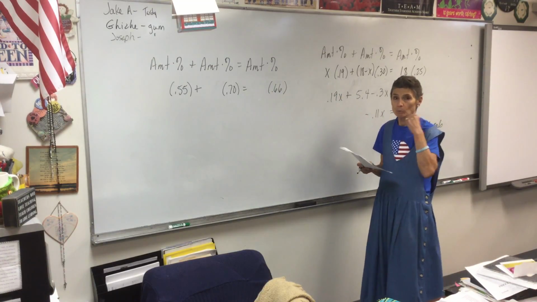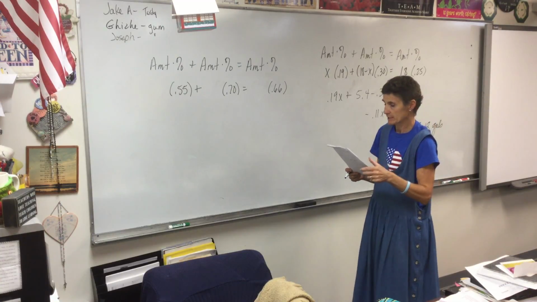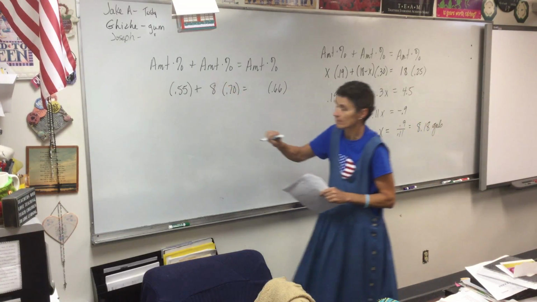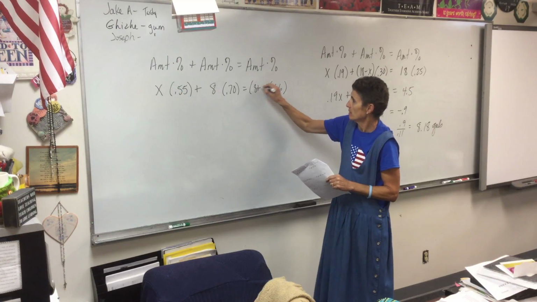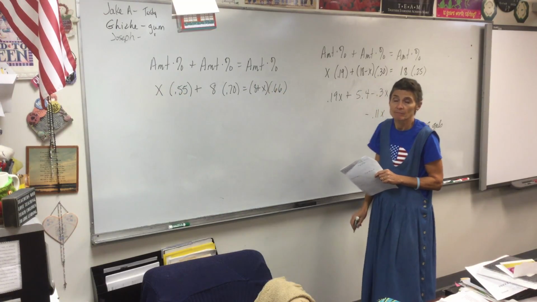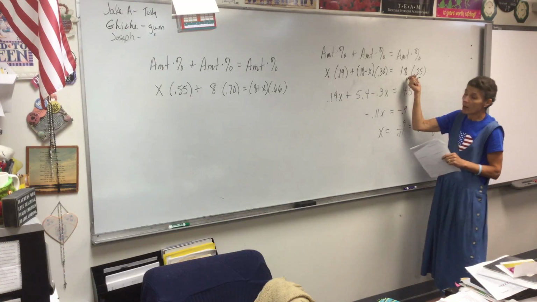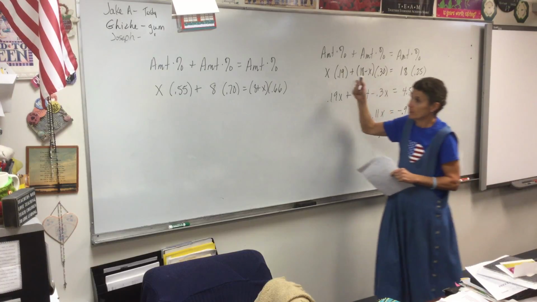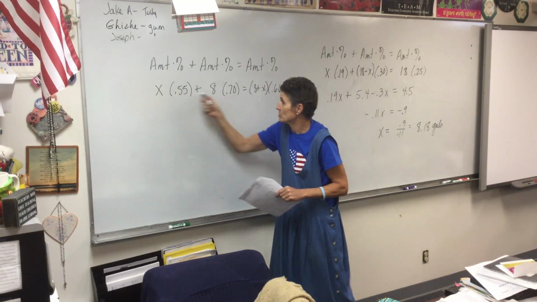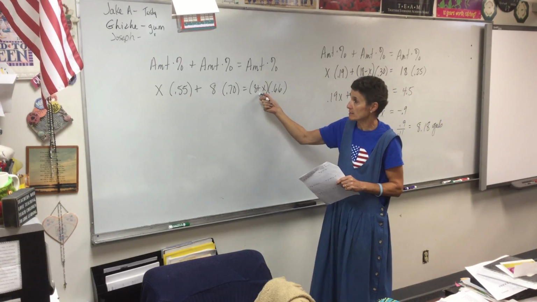Now, where's the number we know? The number we know is 8 of the 70, so it's right here. This is x, so this must be 8 plus x. Remember, if the number you know is back here, this is 18 minus x. But when the number you know is here, it's these two added together, 8 plus x.